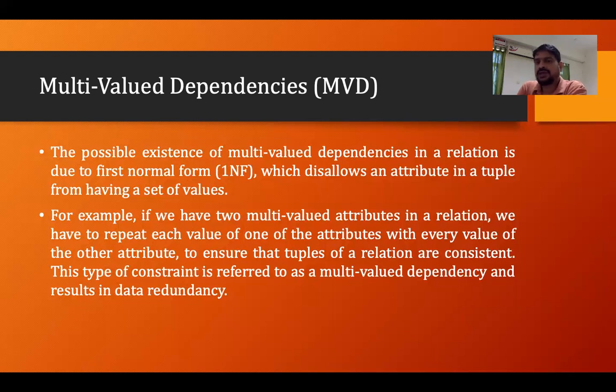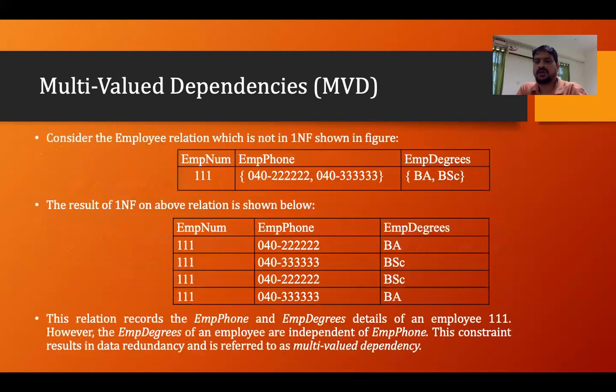Now, what is multi-valued dependency? What happens when there is a multi-valued type attribute in a relation? To represent that particular attribute using functional dependency, we need a different way of representing it, the multi-value dependency. And how can we do that?